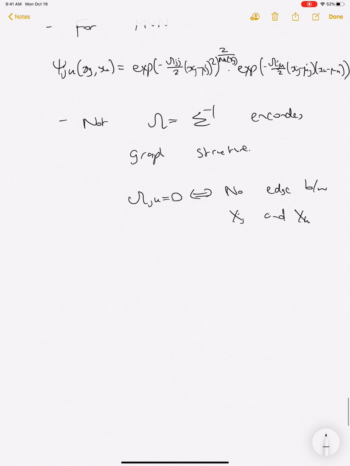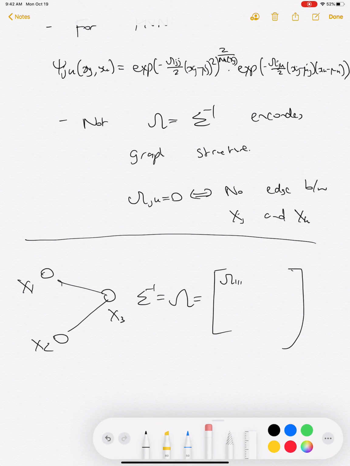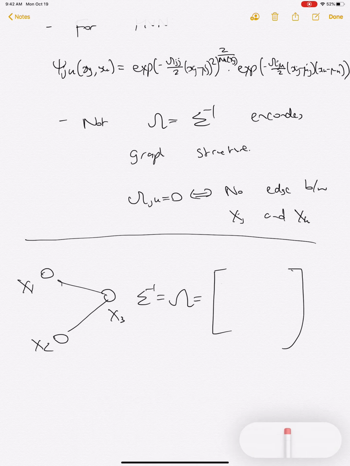Okay, so let's just do a couple of examples. We can clearly see here that if you write out the inverse covariance matrix, so sigma inverse, which is omega, all the diagonals are going to be positive.